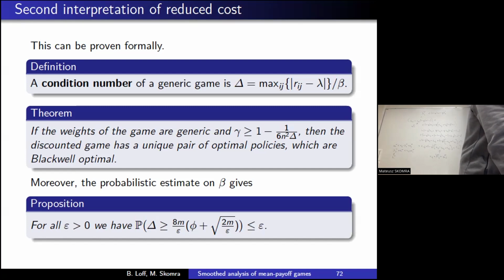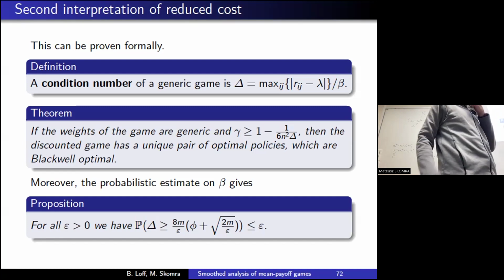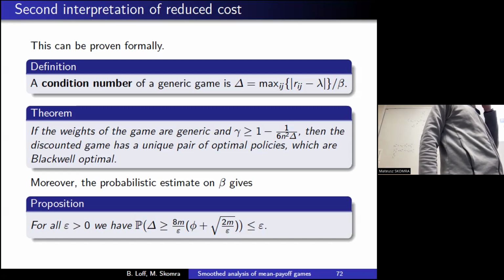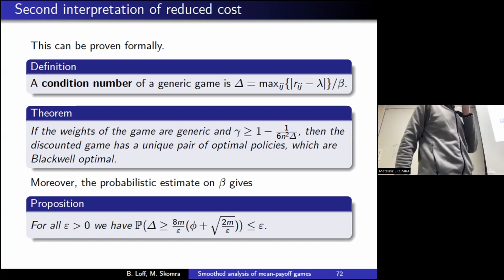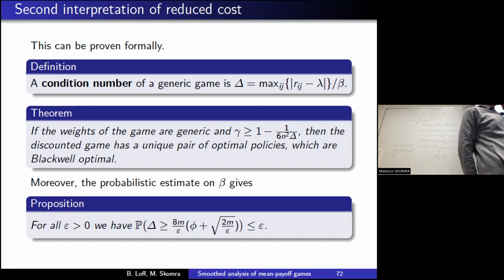The good thing here is that for random games, the threshold is small, meaning it's bounded away from 1. That's what we want to prove. If you choose random weights on the game, the discount factor after which the truth is revealed is actually bounded away from 1. And there we have algorithms getting exactly this gap. So this is what's written here. We introduce this correlation number, which is defined using the parameter beta, the normalized parameter.